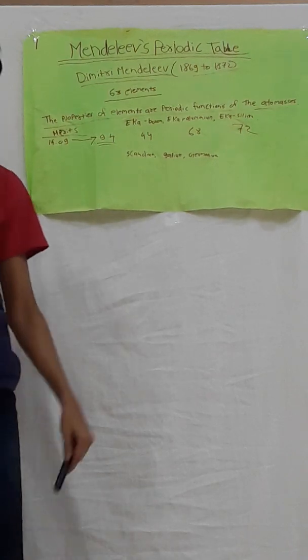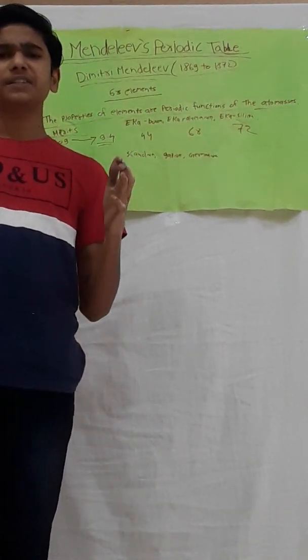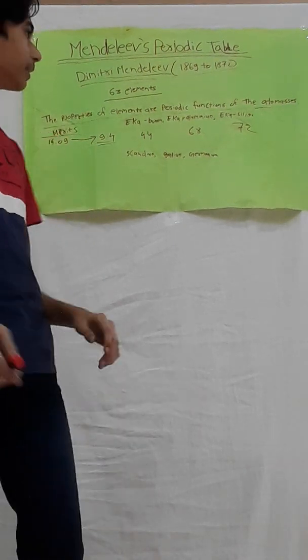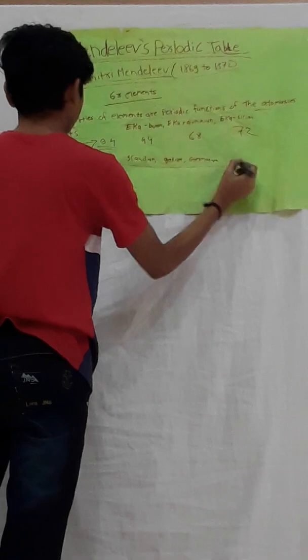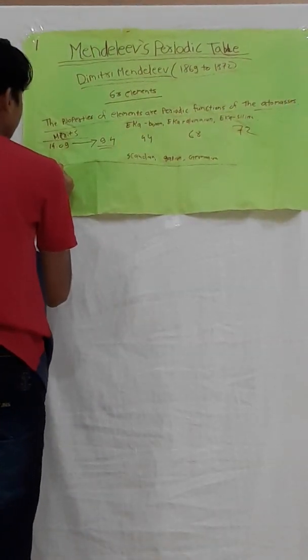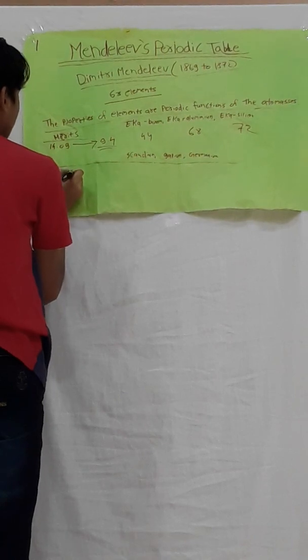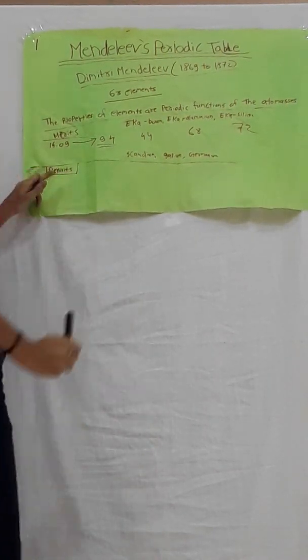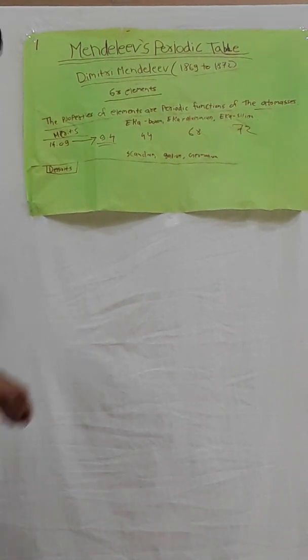Now we will go to the limitations, meaning demerits, of the Mendeleev's periodic table.